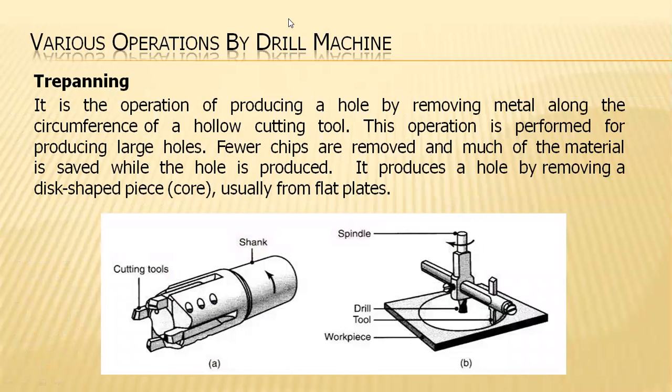Trepanning process. Nominally, it is the process in which metal is removed along a circumference by a hollow cutting tool. It leads to producing large holes, with large-diameter hollow sections.